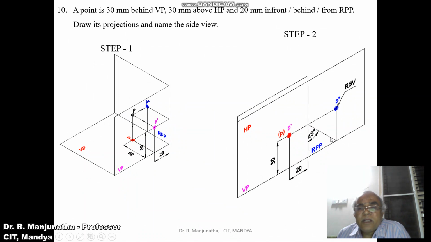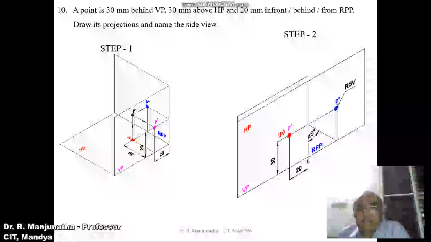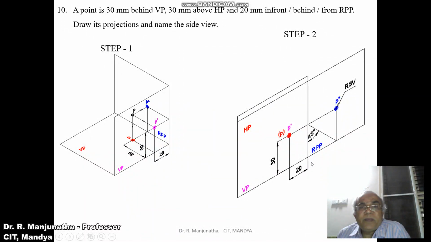Then draw an inclined line at an angle of 45 degrees, wherein the behind VP distance, which is 30 mm, is transferred into the horizontal distance here by drawing a 45 degree angle. So this is the front view distance and this is the top view distance. You project this till here, so this distance is above HP and this distance is behind VP by 30 mm. So this will be named the side view.